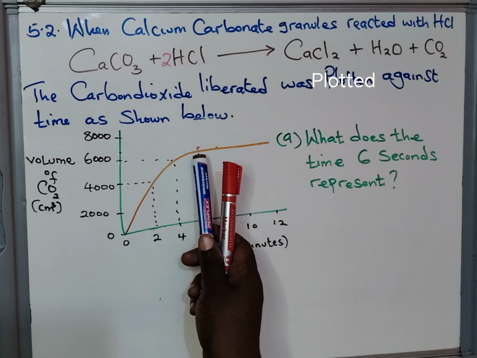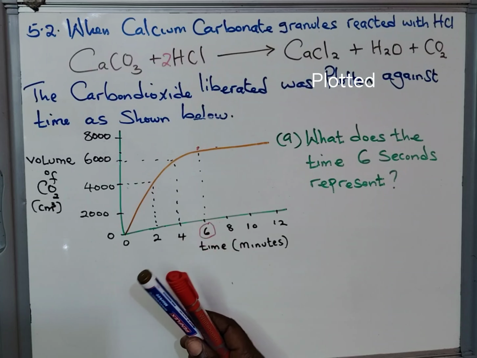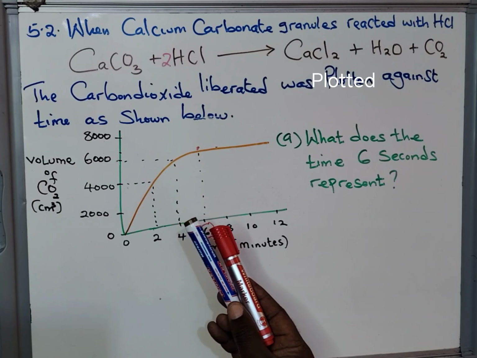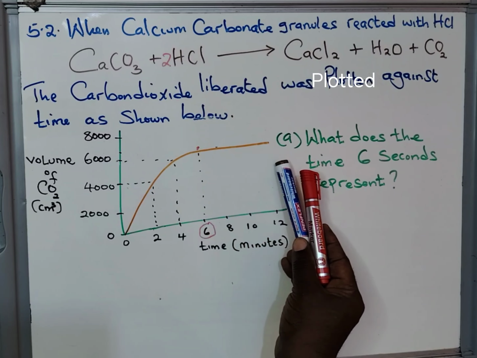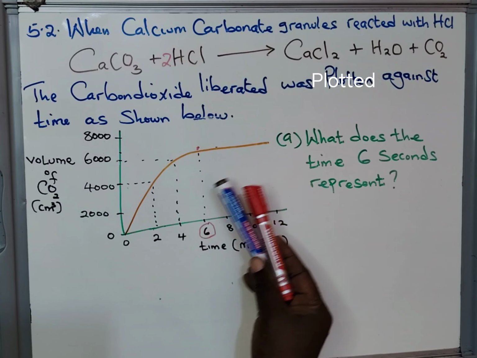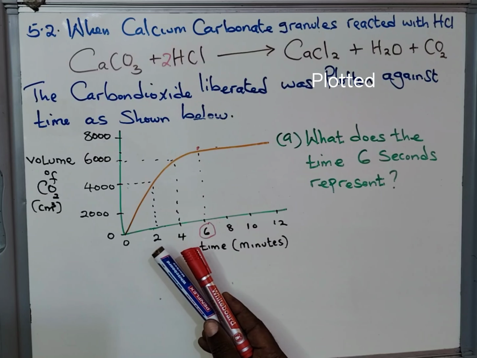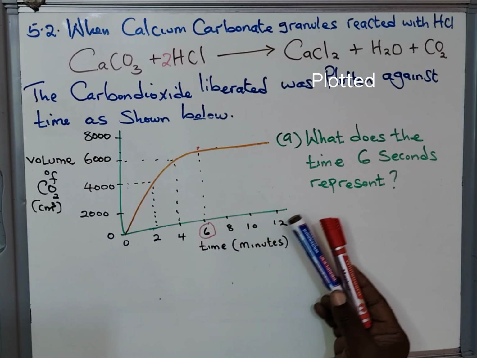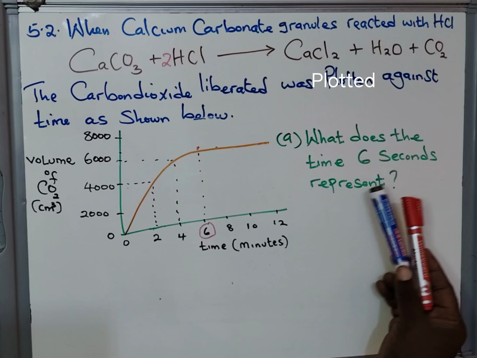So by the graph becoming horizontal, what is happening? Okay, what happens is that the reaction has stopped. Horizontal means nothing is taking place. No more gas is being given out. And all that took place at 6 seconds. So what does 6 seconds represent?